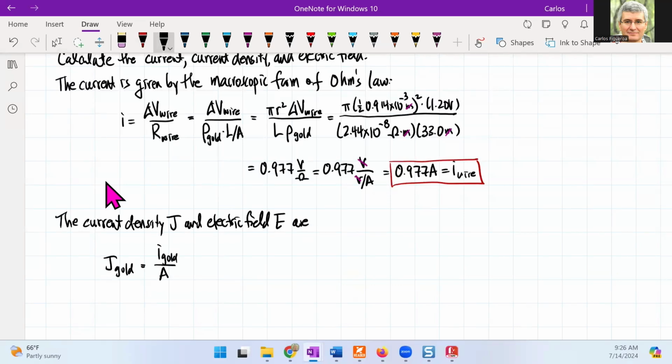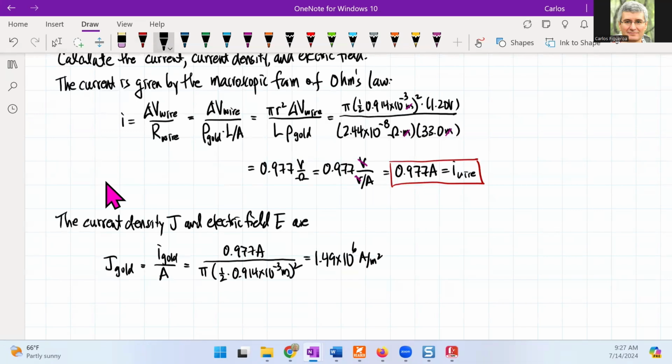If I plug in the values we just got, it would be pi times 1/2 of 0.914 times 10 to the minus 3 meters, squared. And the current we just computed is 0.997 amps, and I get a value of 1.49 times 10 to the 6 amps per meter squared.